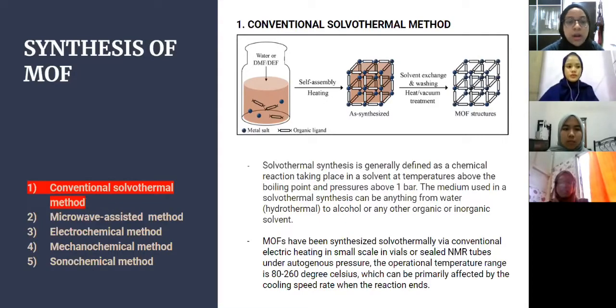MOFs have been synthesized solvothermally via conventional electric heating on a small scale in vials or sealed NMR tubes under autogenous pressure. The operational temperature range is between 80 and 260 degrees Celsius, which can be primarily affected by the cooling speed when the reaction ends.